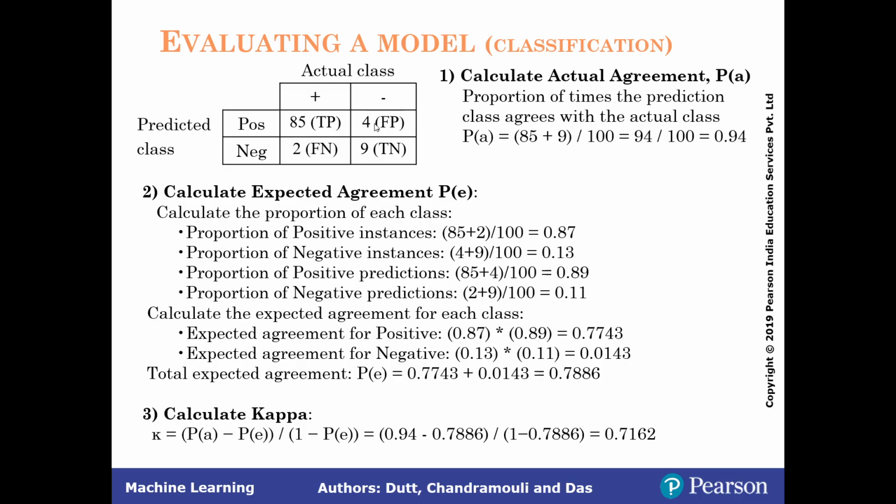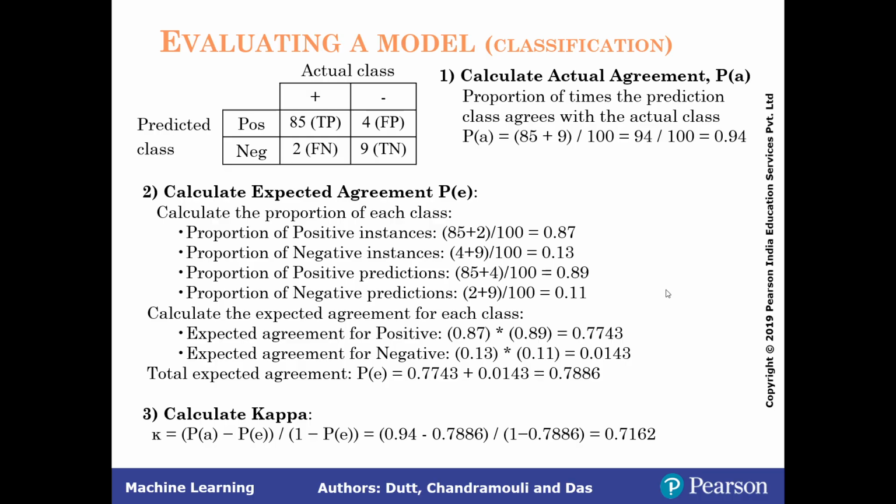Similarly for negative instances 9 plus 4 by 100, and for negative predictions 9 plus 2 by 100. Multiply the prediction and instances for positive and for negative separately, then add both and you get P of E. Substitute it in the kappa formula, P of A minus P of E by 1 minus P of E, and you get the answer.